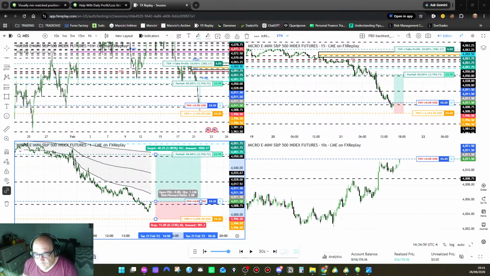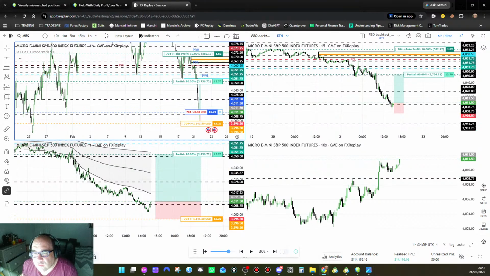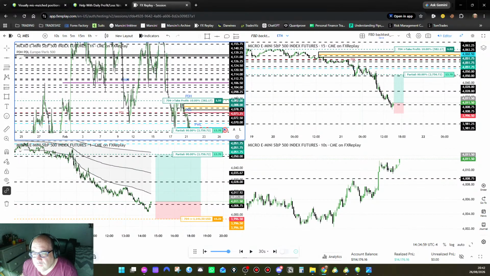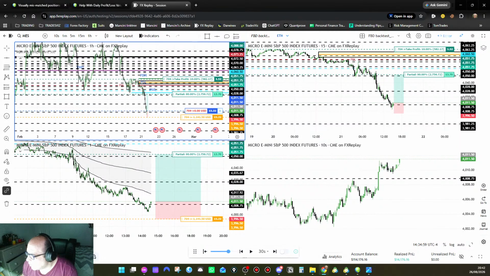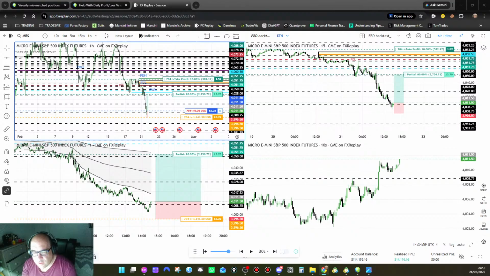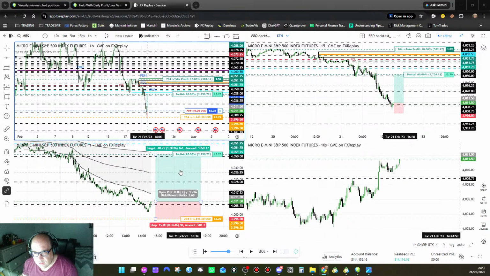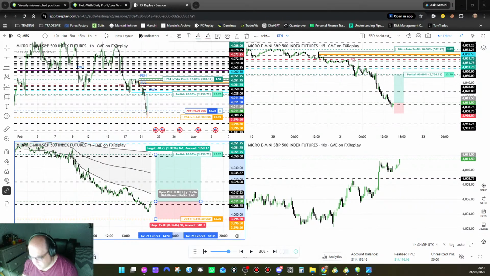So the first one is 4051.75, and on the second swing high, which is at the 4060... no, is this 4088? 4088, and it is 2.68 RR. 2.68 RR.